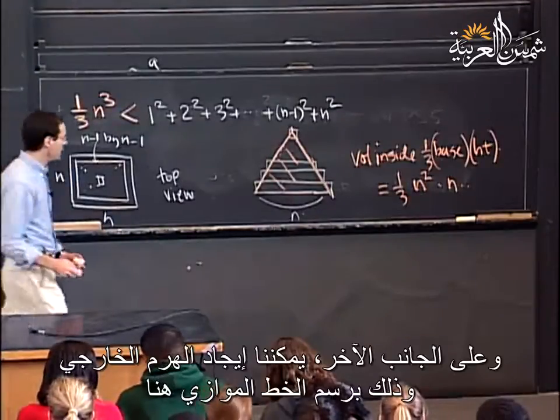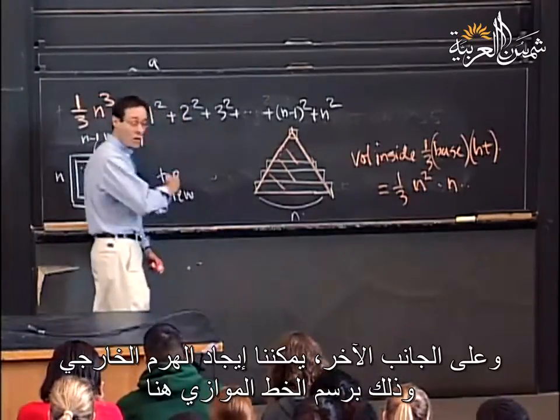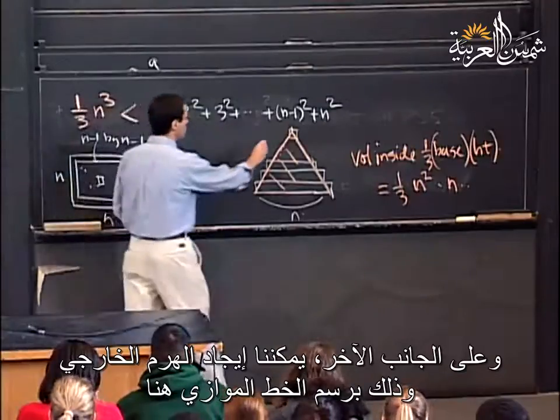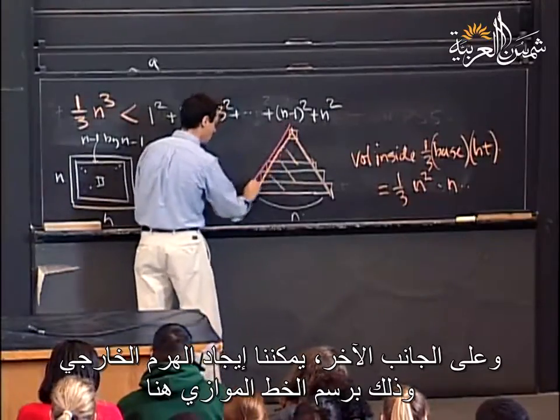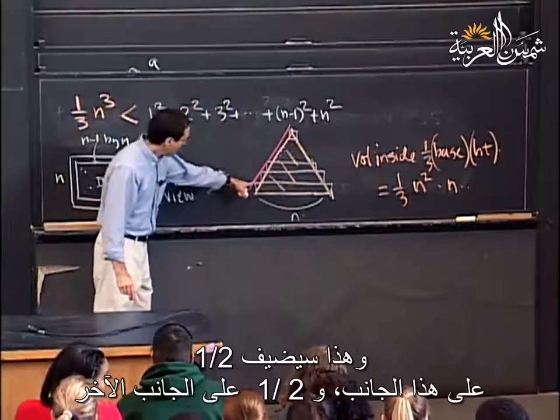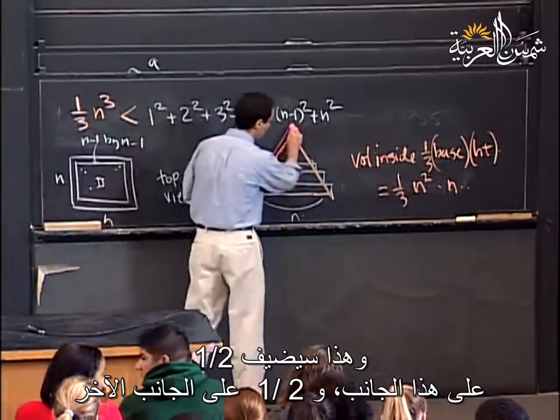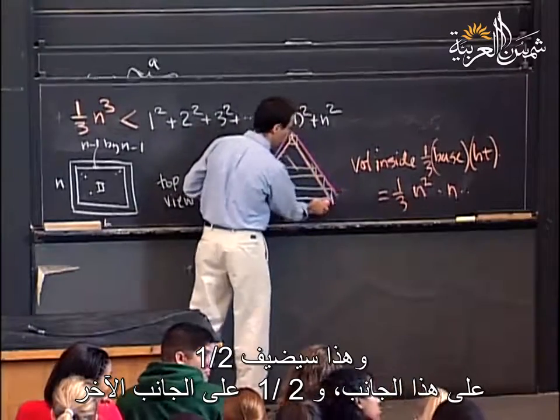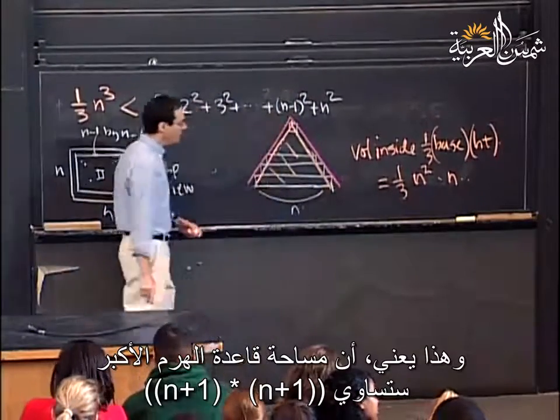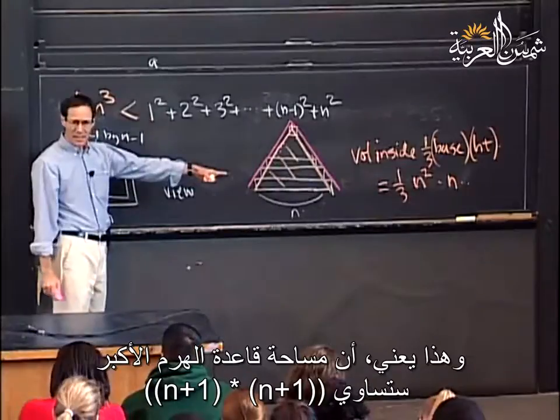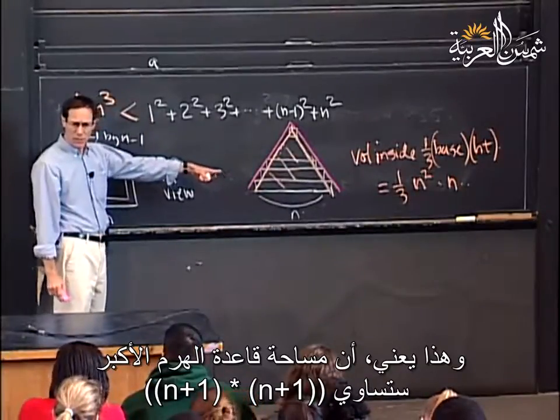On the other hand, I can trap it on the outside, too, by drawing a parallel line out here. And this will go down a half more on this side and a half more on the other side. So the base will be n plus 1 by n plus 1 of this bigger pyramid.